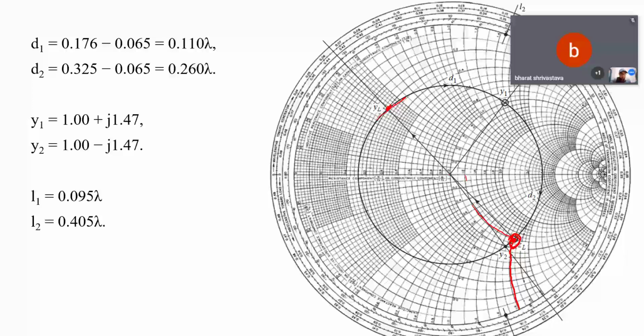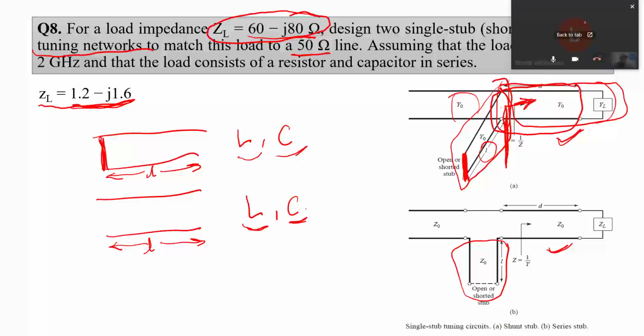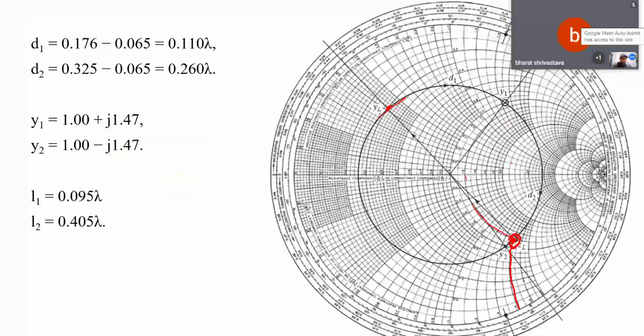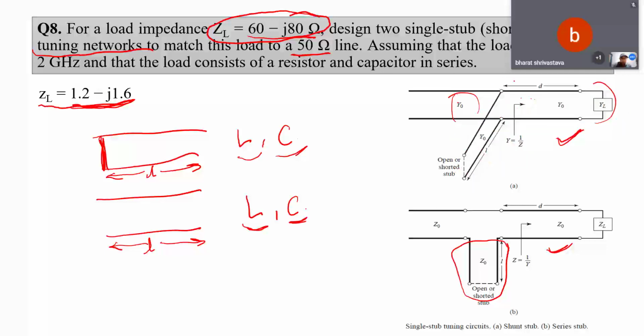Now we will first add some transmission line here, so as to obtain 50 ohm at this terminal. At this junction we will first try to find the value of y naught, so that it can directly match with the transmission line.